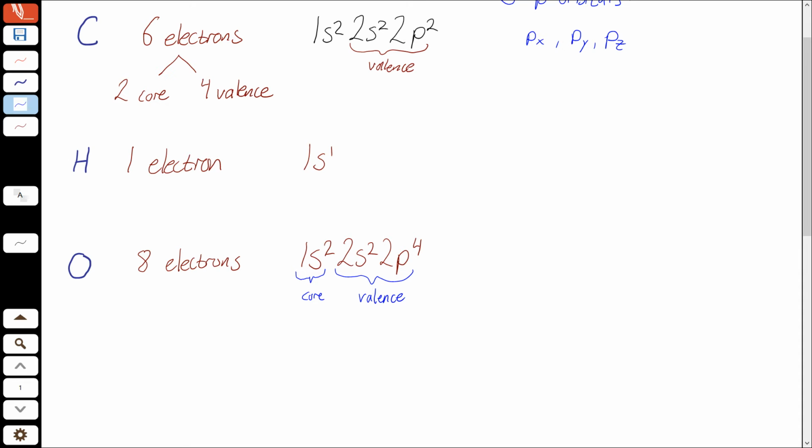So that also means that atoms with similar valence electron counts are going to have some similar chemistry. And in organic chemistry, we use that idea a lot. So like oxygen and sulfur are in the same group or same family.